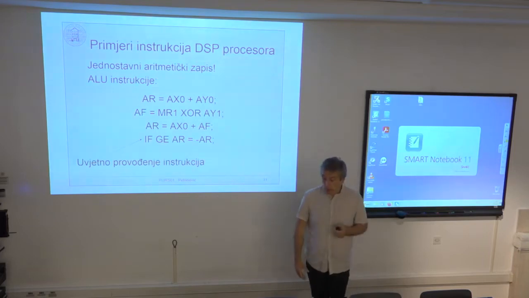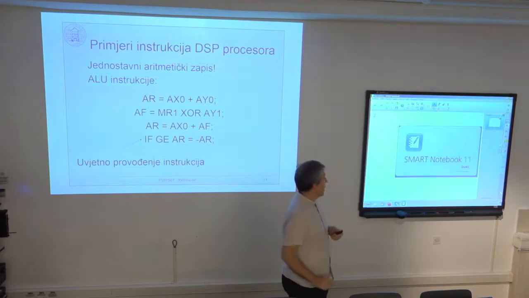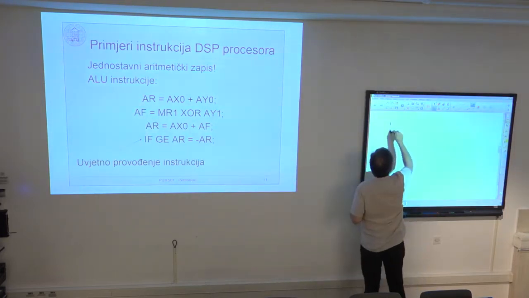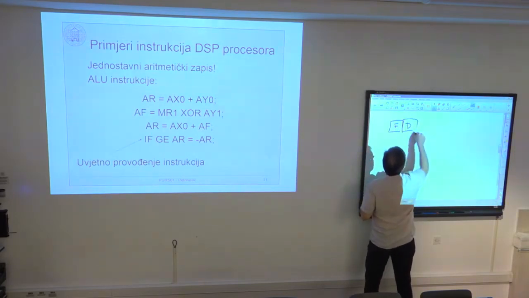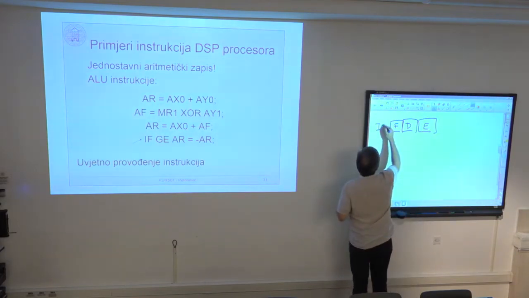For simplicity, we'll only show with 3 phases. So fetch, decode, execute. And these 3 phases are executed in a sequence. Fetch, decode, and execute. So for instruction, let's say instruction 0.